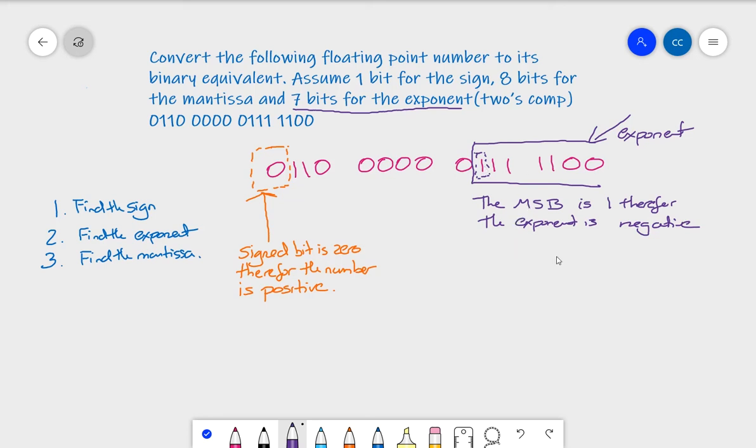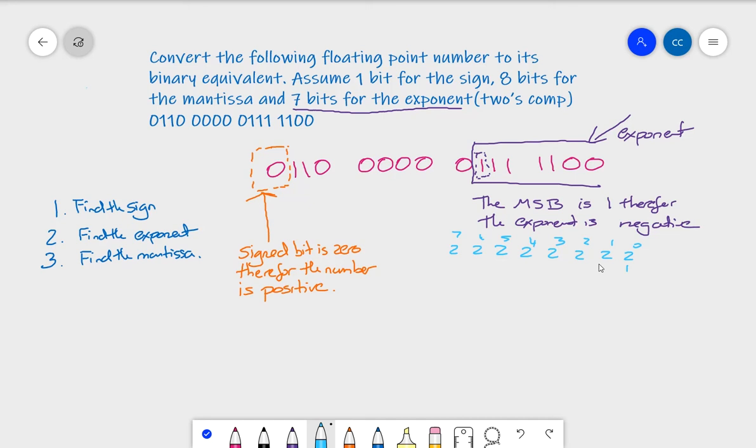So let's work out what the actual decimal value is. So use your tried and tested 2 to the power 0, 2 to the power 1, 2 to the power 2, 2 to the power 3, 2 to the power 4, 2 to the power 5, 2 to the power 6, and 2 to the power 7. And write down the decimal equivalents of those places.